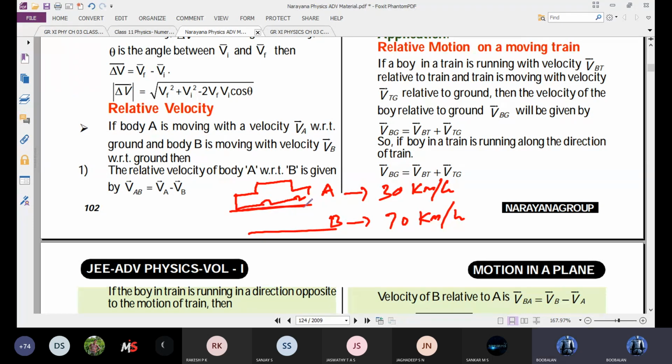So what is the formula? The relative velocity of body A with respect to B is VA minus VB.